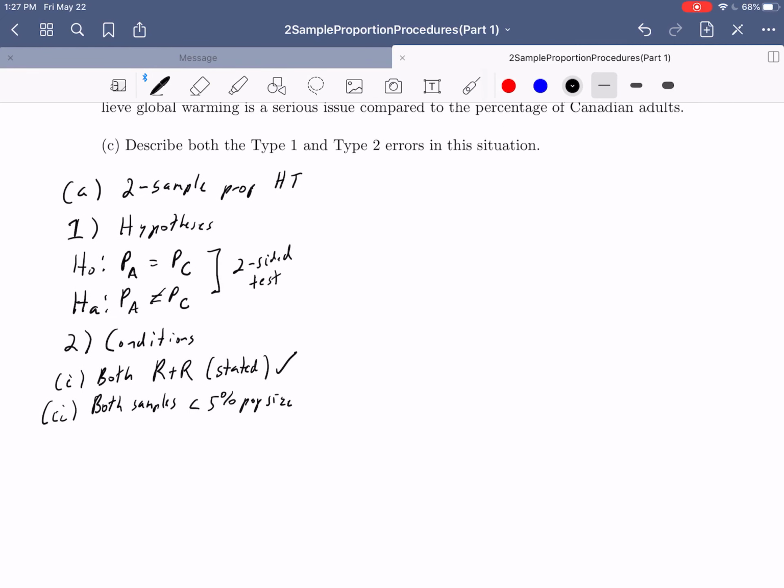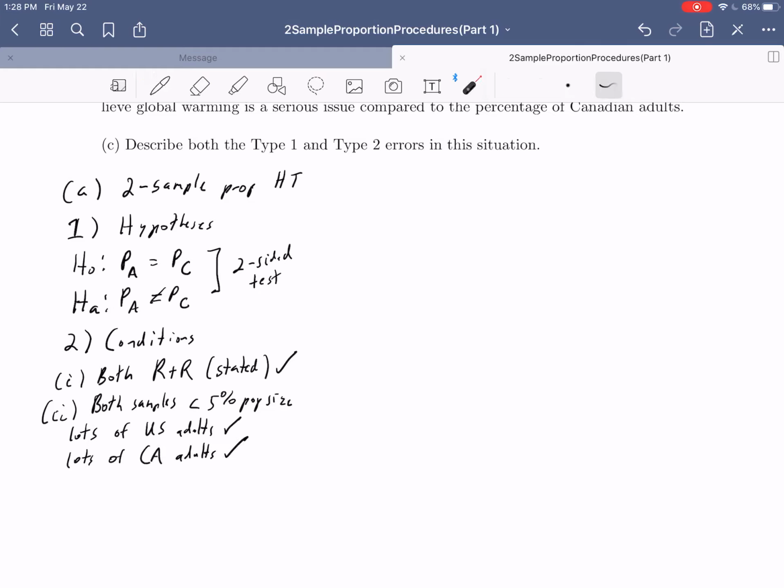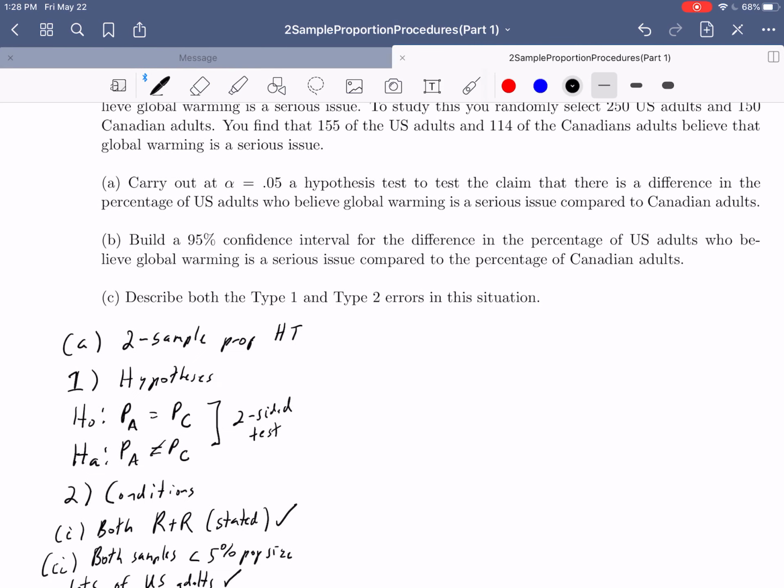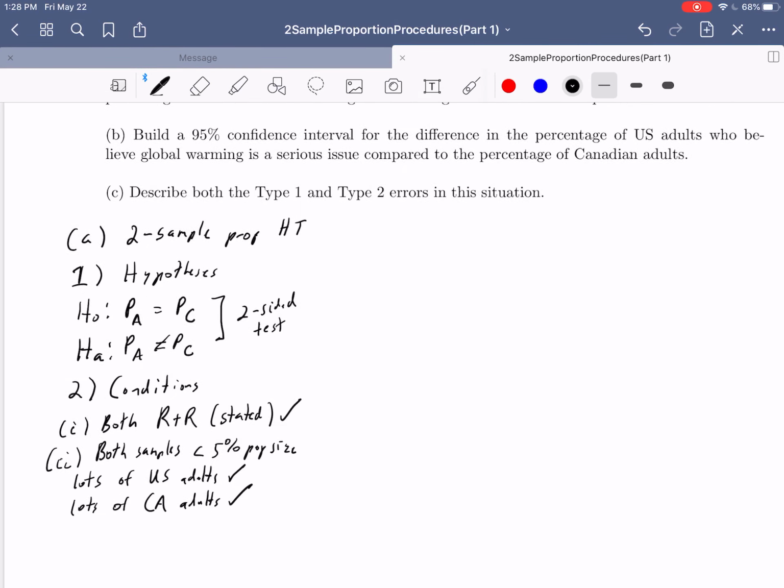There's certainly lots of those. So lots of U.S. adults, check, and lots of Canadian adults, check. We don't mean California there, we mean Canadian adults. We've got lots of both of our groups, so we're sure that our 250 and our 150 aren't going to be too much there.